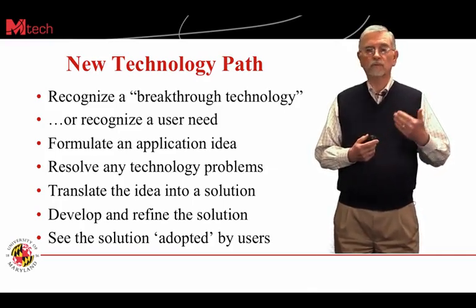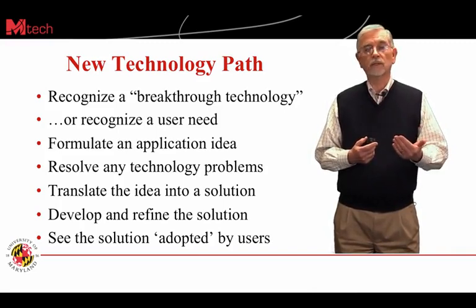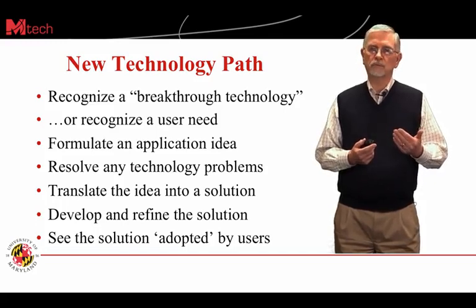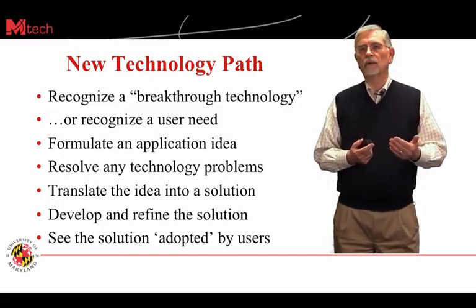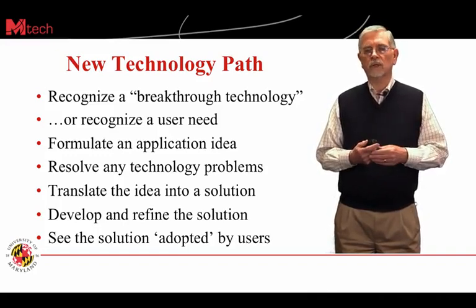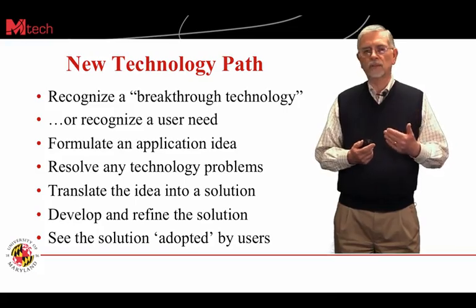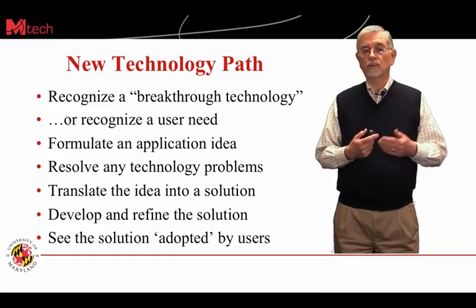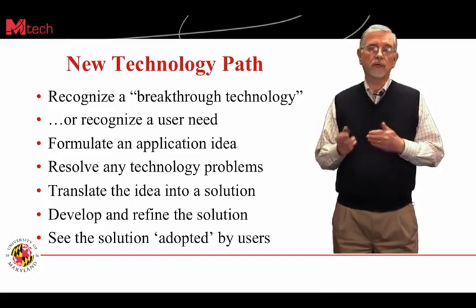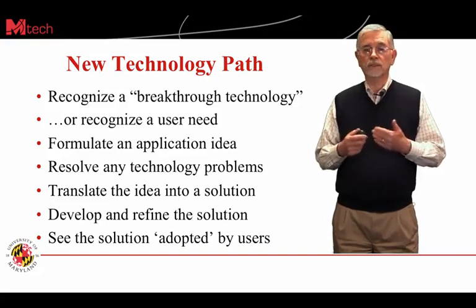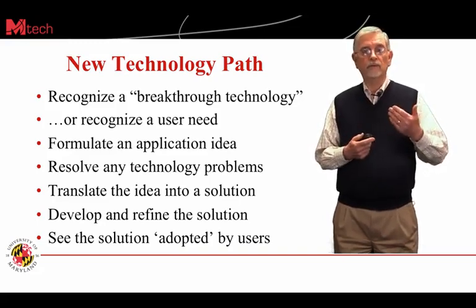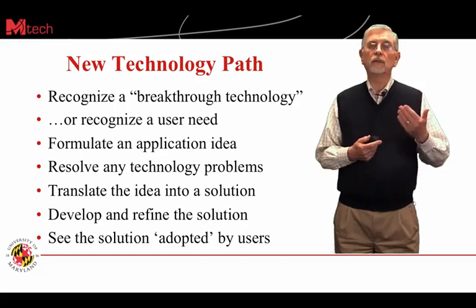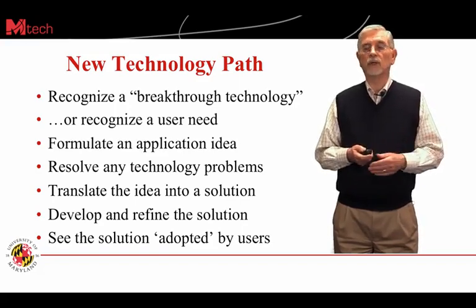And from there, there is a formulation of an application idea, and this is usually the process of what we would call technology push, where the idea is discovered, and then there's an effort to push it out into the marketplace. And in that process, the company has to resolve any technology problem and translate the idea into some form of technology solution where the technology is applied. And then there's a development step where there is a refinement of the solution, and then the solution is ultimately adopted by users in the marketplace.